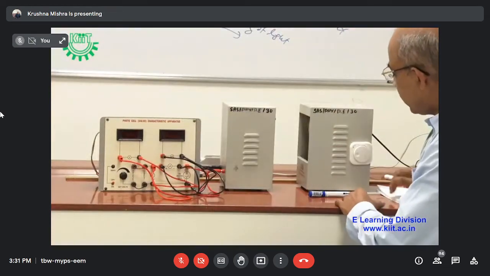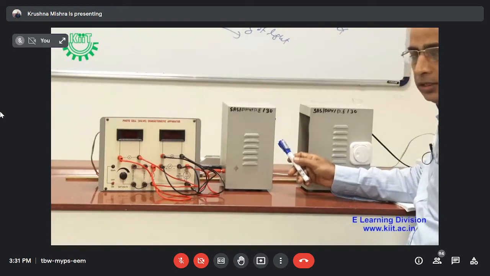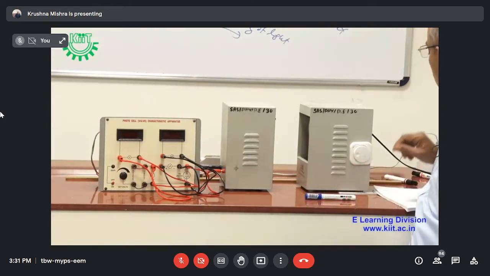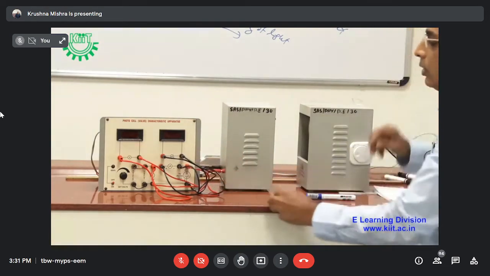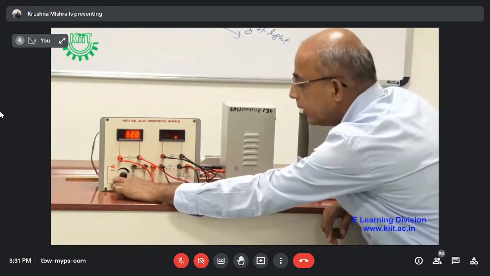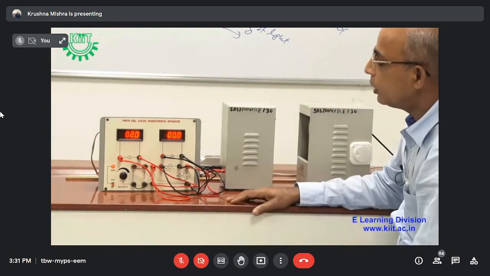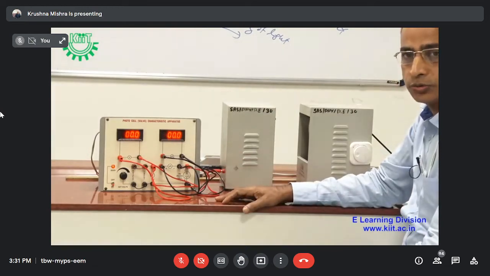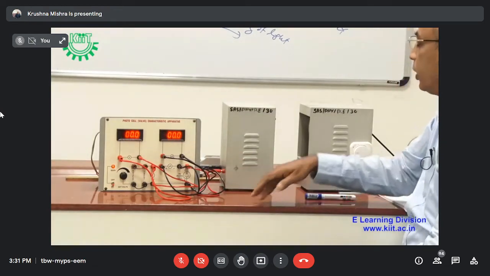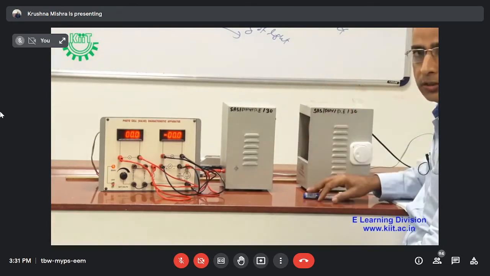After we keep a proper distance between source and cell, now we will switch on this trainer kit, and we can see here both voltmeter and microammeter should be 0 before we allow the incidence of light on the photocell.